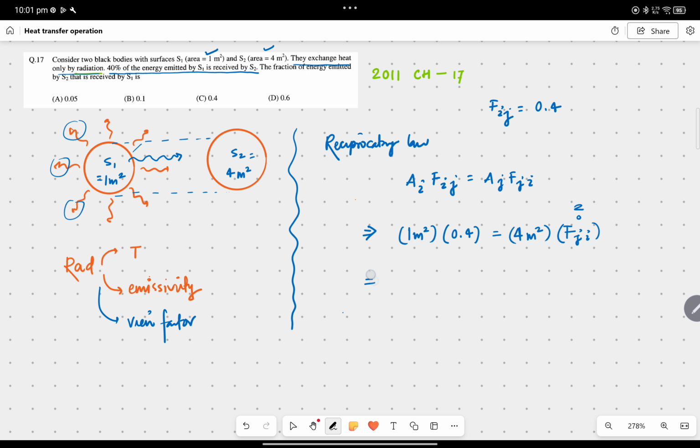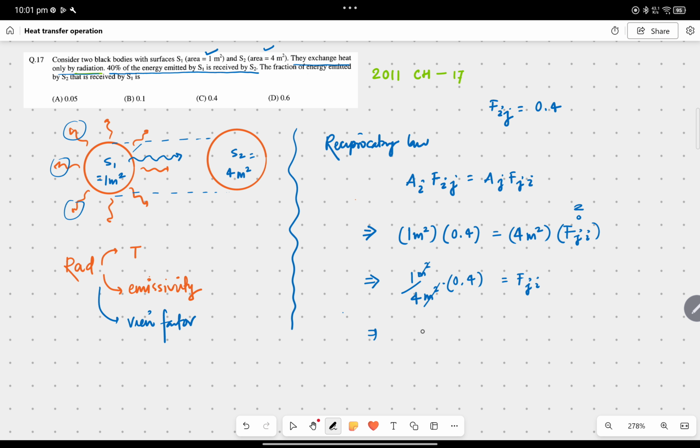Now by rearranging this equation, we get 1 by 4, meter square cancelling out, into 0.4 equals Fji. So 0.4 divided by 4 is 0.1, equal to Fji.